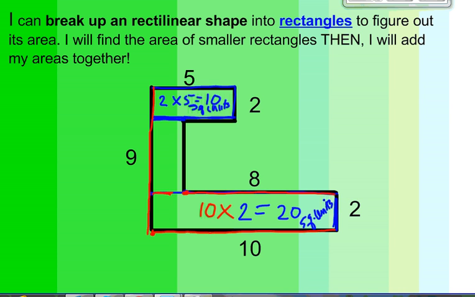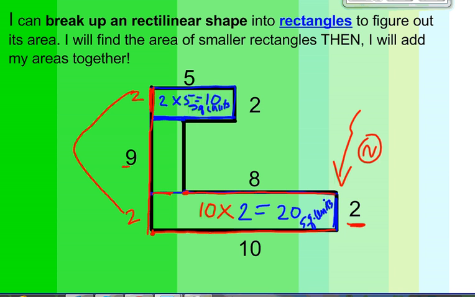I know that this side right here, this is 2, right? If that's 9, and I have 2, 9 take away 2 is 7. I know that this part is 2, so I'm going to label that there. So 2 and 2 is 4.